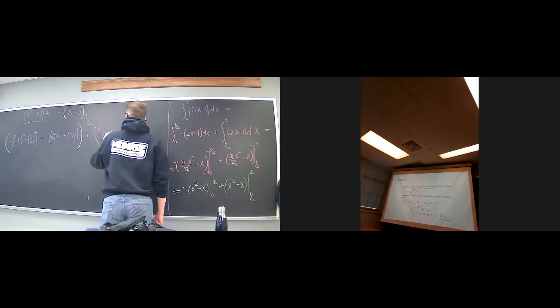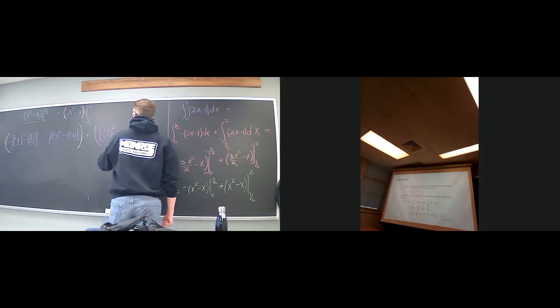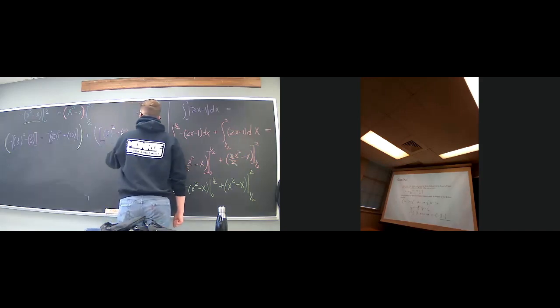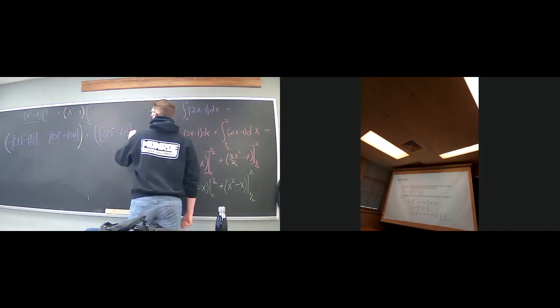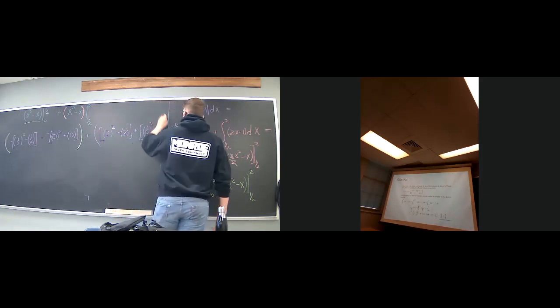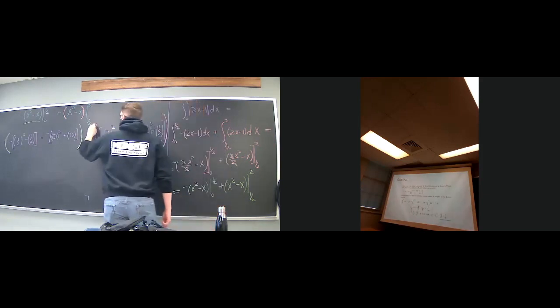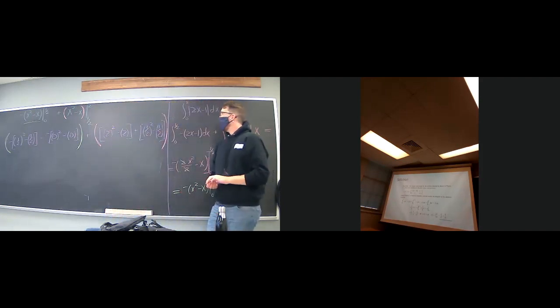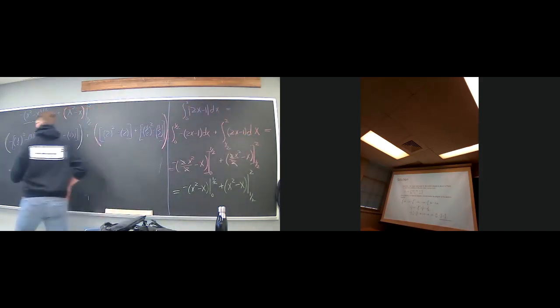This is going to be 2 squared minus 2, plus 1/2 squared minus 1/2. That's everything, right? So now we have to simplify all of this, do the algebra.